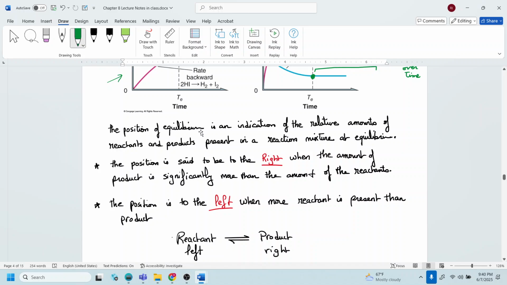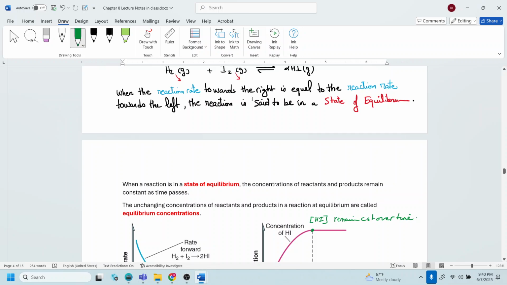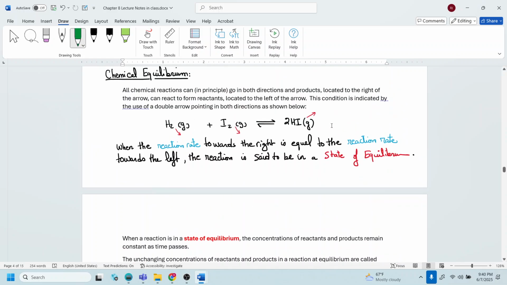So the position of equilibrium is very important to indicate the direction of the reaction. If your equilibrium goes to the right, then this means that you are forming your product.